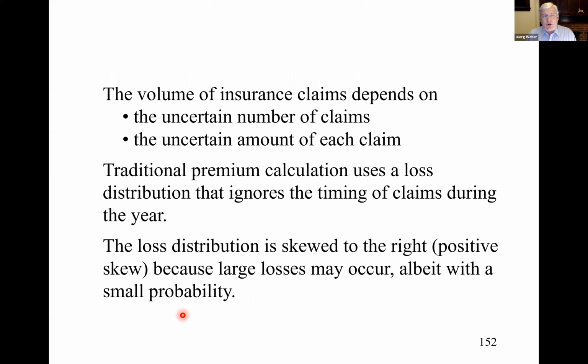Now, the volume of insurance claims depends on the uncertain number of claims and the uncertain amount of each claim. So the insurance company does not know in advance how many claims there are in the year, and it does not know the size of those claims.